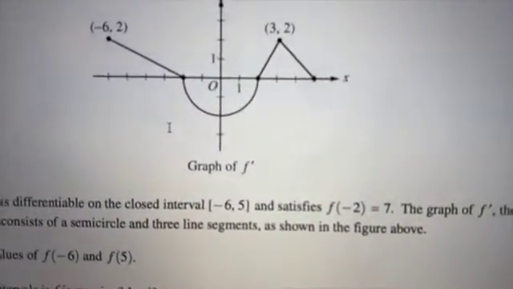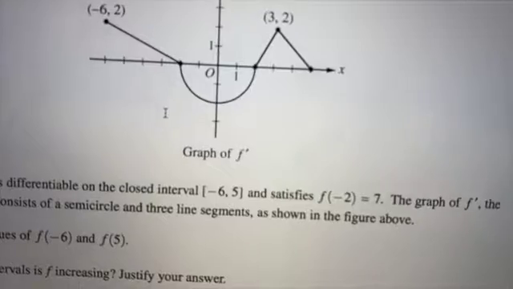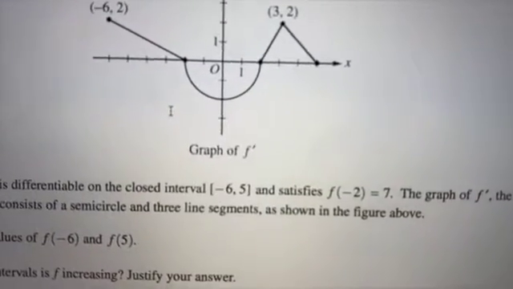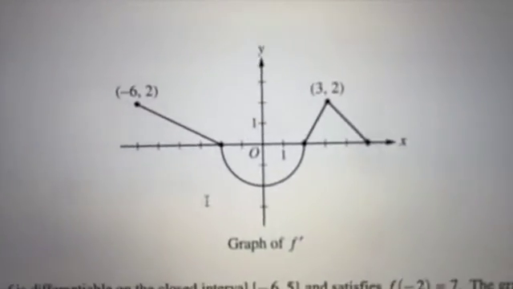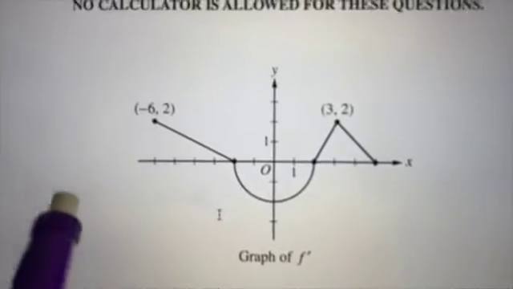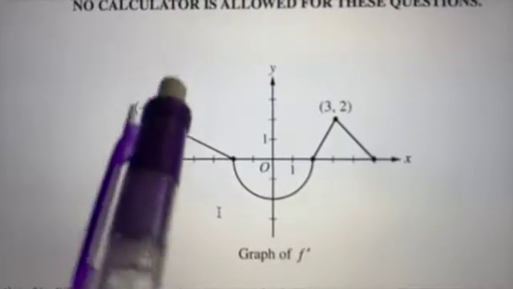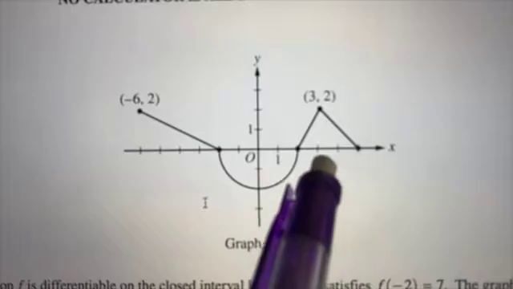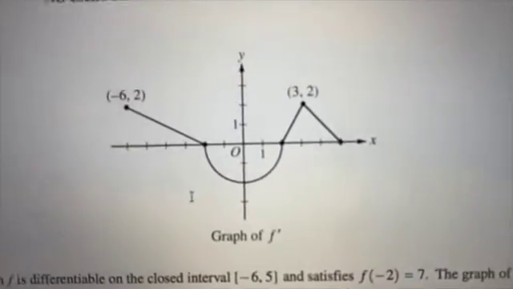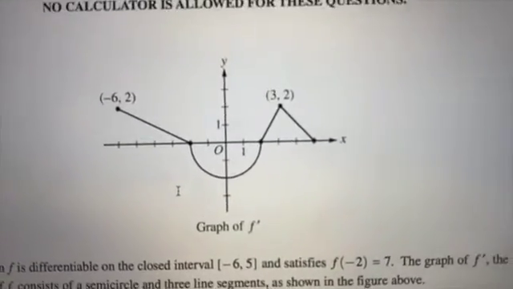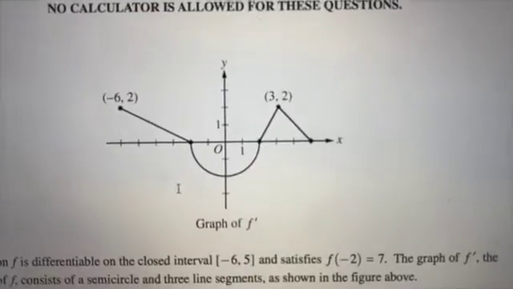So looking at the graph, we need to find all the intervals when f prime is positive. f prime is positive from negative 6 to negative 2, and then from 2 to 5. Those are the only intervals when f prime is positive, meaning that f is increasing on those intervals.